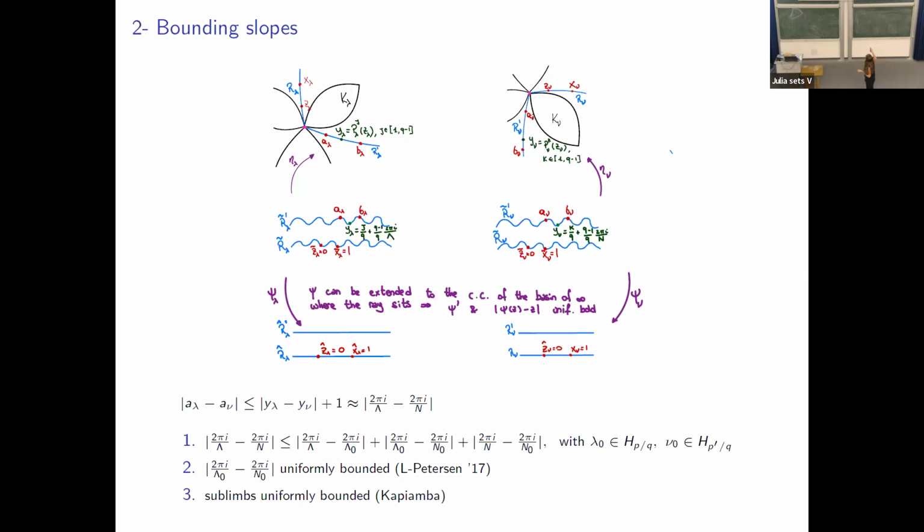And even though this iterate doesn't go to this iterate, they belong between two points that go to each other. So this green point that I know where it is doesn't go to the green point that I know where it is, but it's between two points that go to each other. And this is enough to make computations.